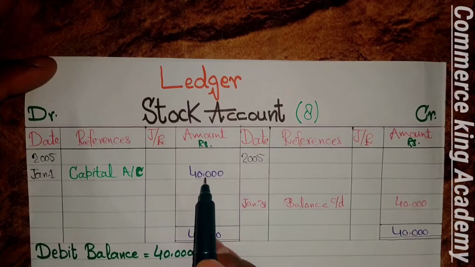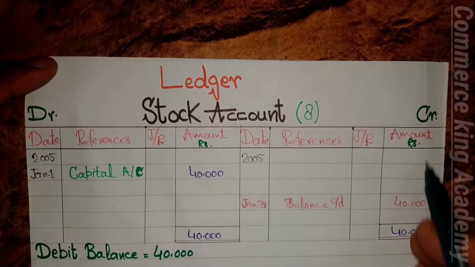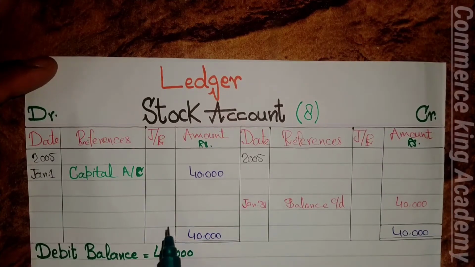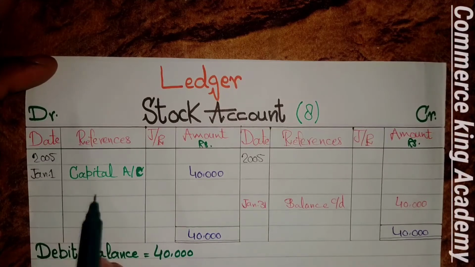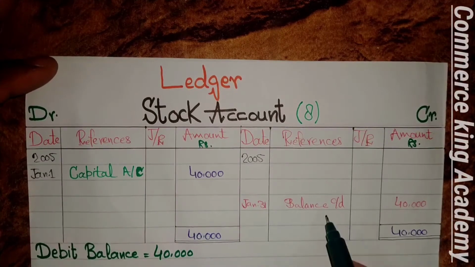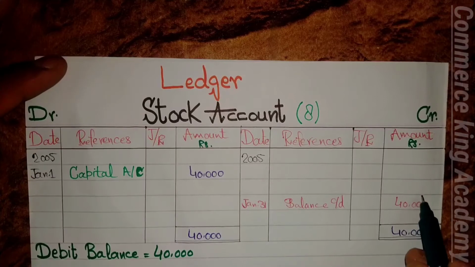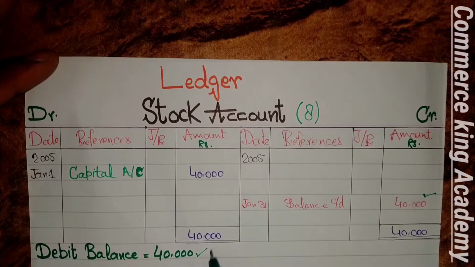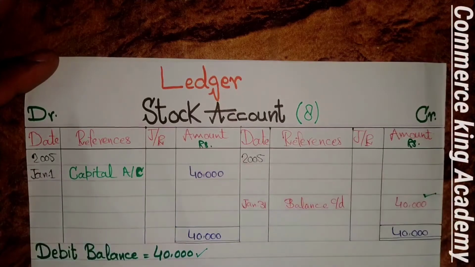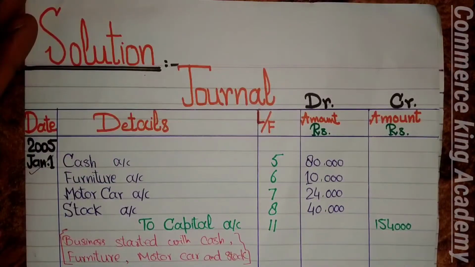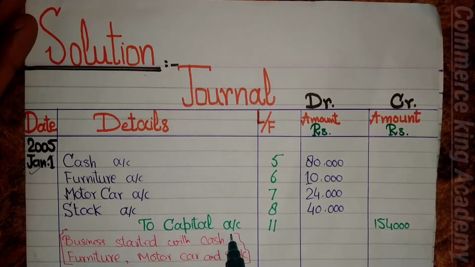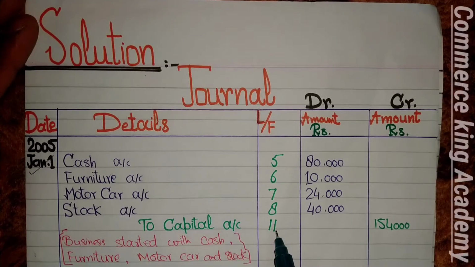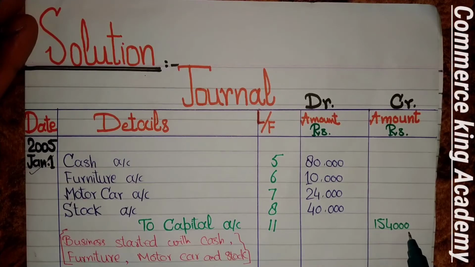We calculate both sides, debit and credit, and we have credit side lesser than debit side. So we have the balance carry forward on credit side, 40,000. We have a debit balance of stock account because debit side is heavier than credit side. Our next account for making the ledger is capital account, with ledger folio number 11, amounted 154,000 rupees.